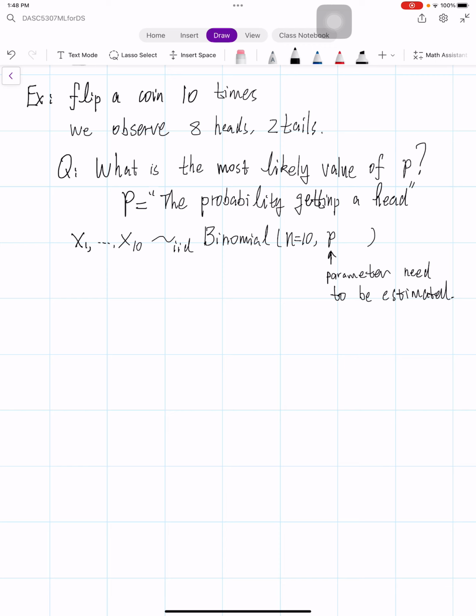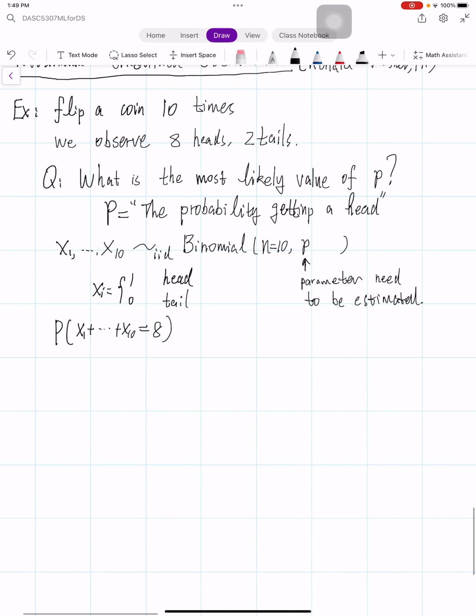Then the probability that x1 plus up to x10 equals 8. Each xi equals 1 or 0: if you observe a head, you get 1, and if you observe a tail, you get 0. So we observed 8 heads, meaning the sum of x1 to x10 equals 8.